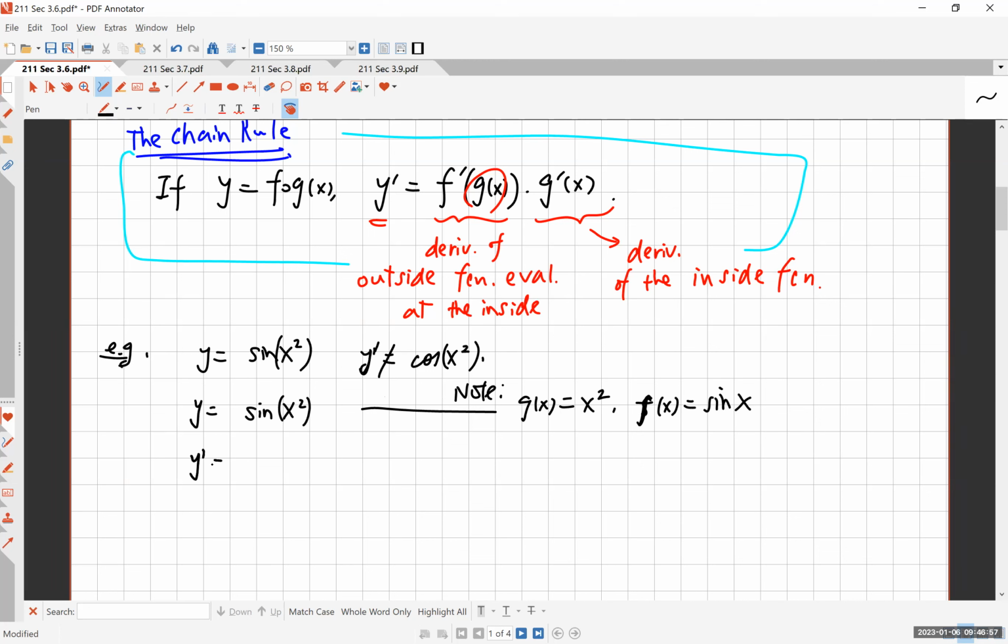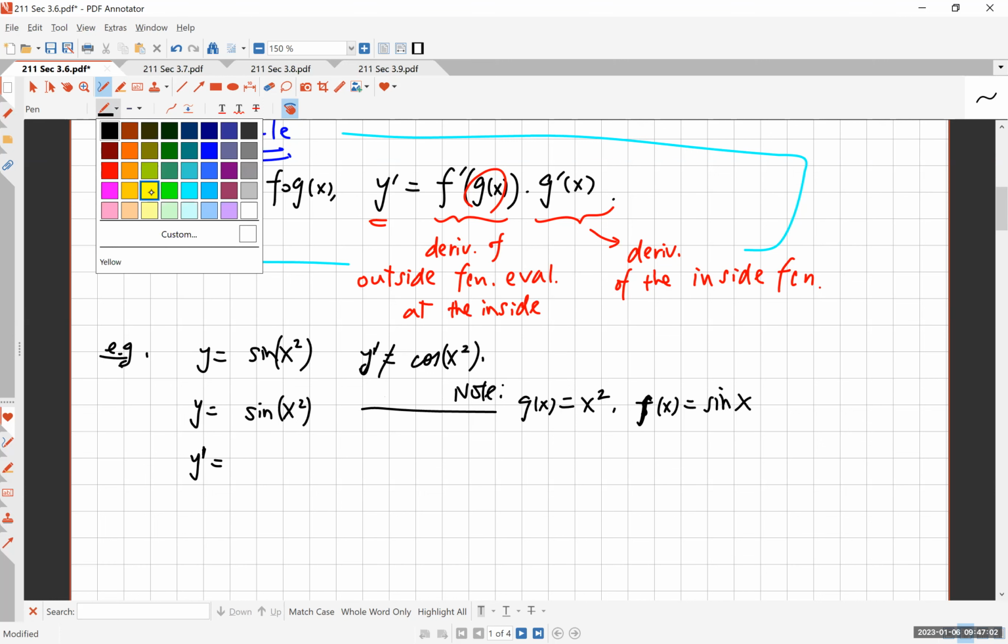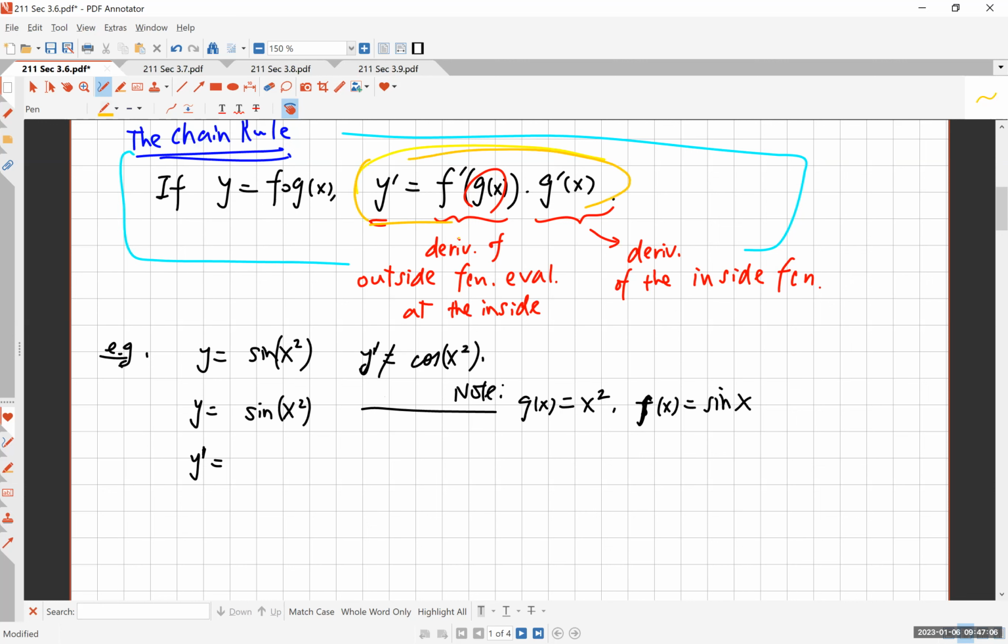So the derivative is going to be, now follow this very carefully. The first thing you do is take the derivative of the outside function. That's a sine, and that becomes a cosine. And the argument is simply going to be exactly the inside function, x squared. So sine of x squared becomes cosine of x squared. Now, isn't that what I said you should not do? Well, this is the first thing you do.